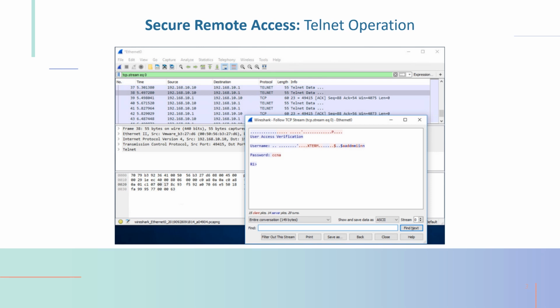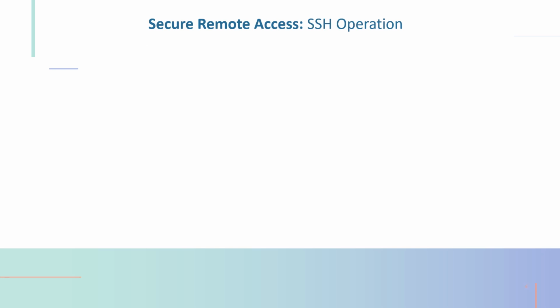So in this case, we will need Secure Shell, which is a secure protocol that uses TCP port 22, and it provides a secure, which means encrypted, management connection to a remote device.